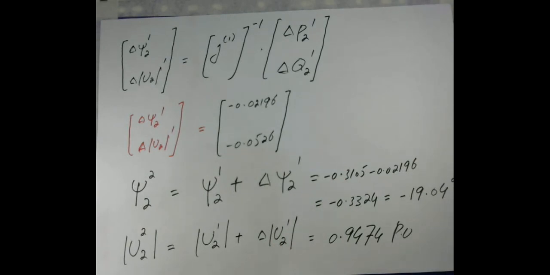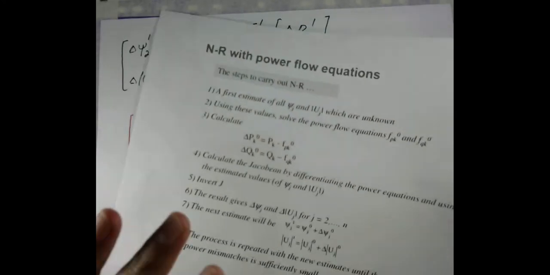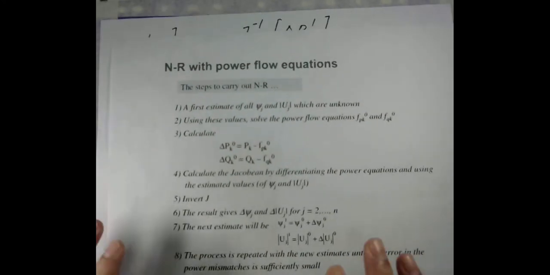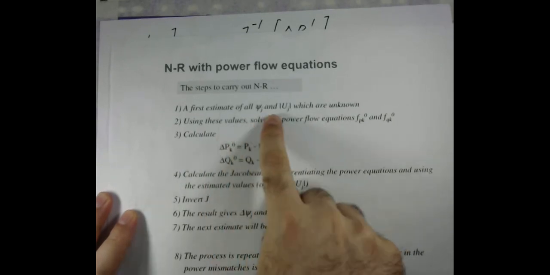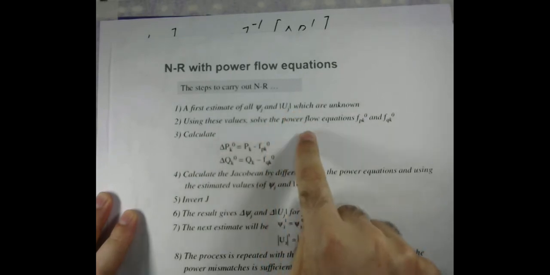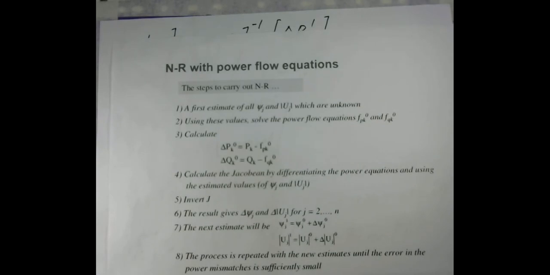Let me once again go through the steps. In the beginning, we made an initial guess. Then we used these values to determine the power flow equations that we wrote in the beginning.